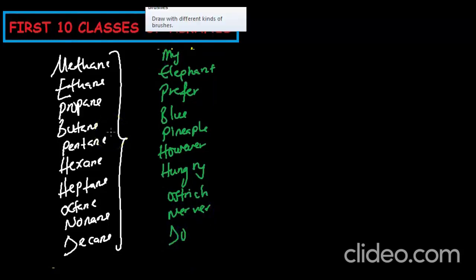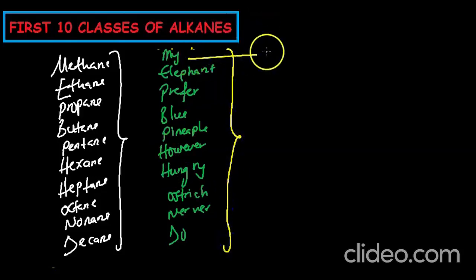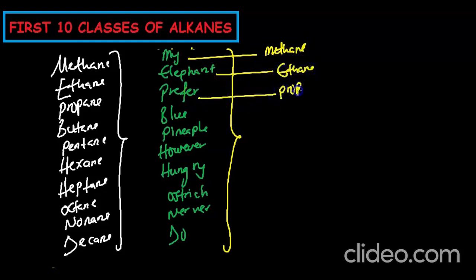If you look at the mnemonic, I think this is easier for us to cram. My is methane. What about elephant? This is ethane. Prefer is propane. Blue is butane. Pineapple is pentane.